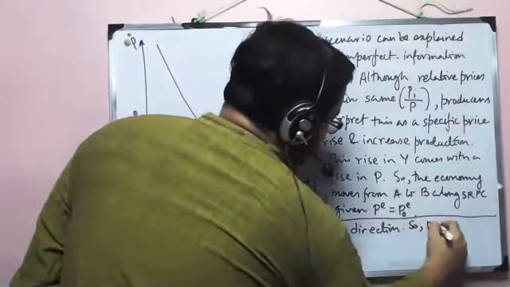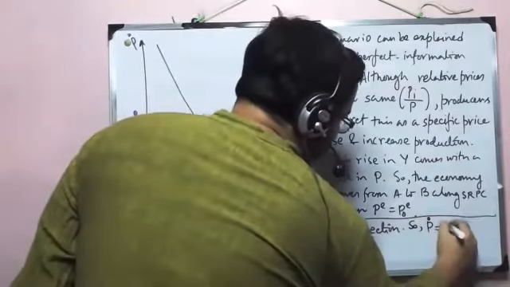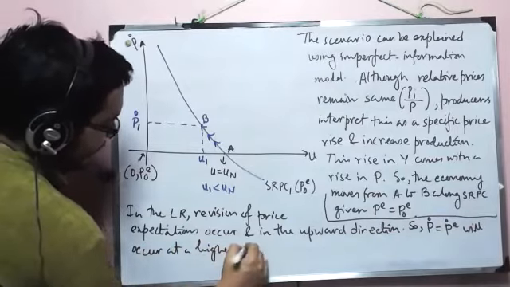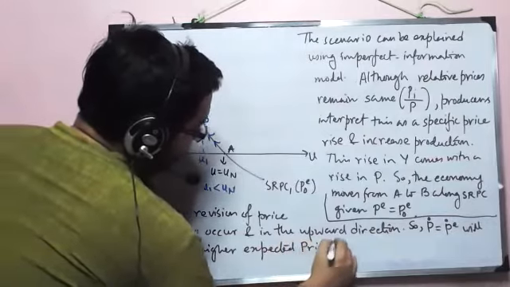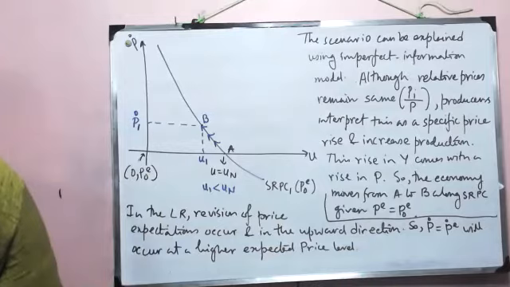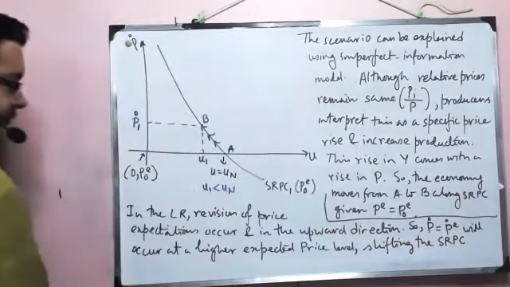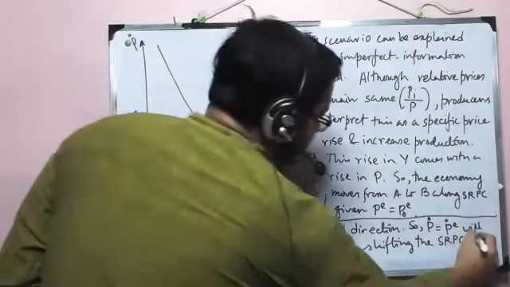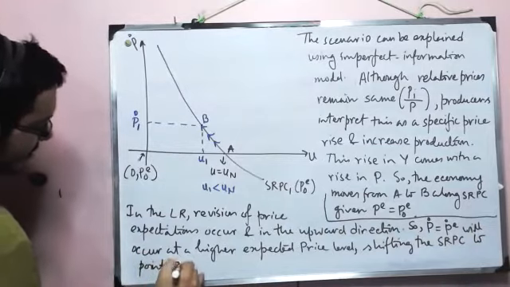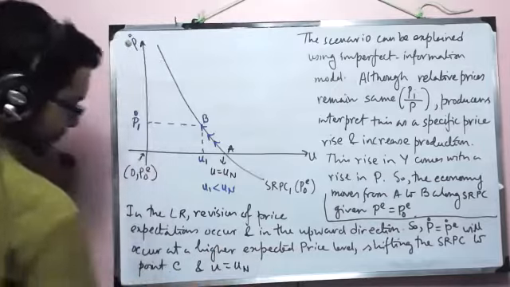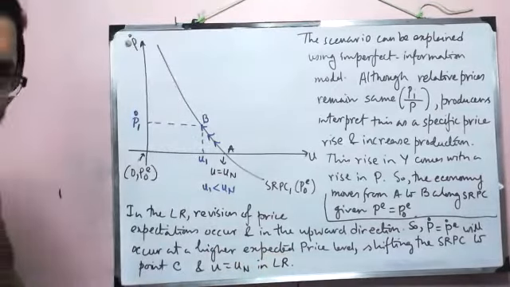So P equal to P naught will occur at a higher price level, rather at a higher expected price level, shifting the SRPC to point C, which I have not drawn yet, and U equal to UN in the long run.